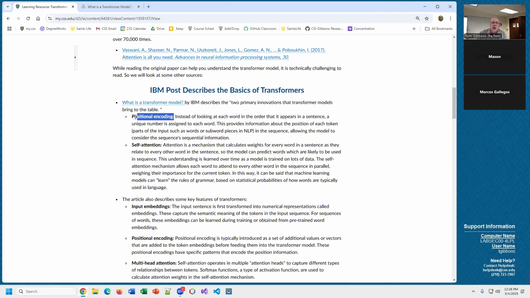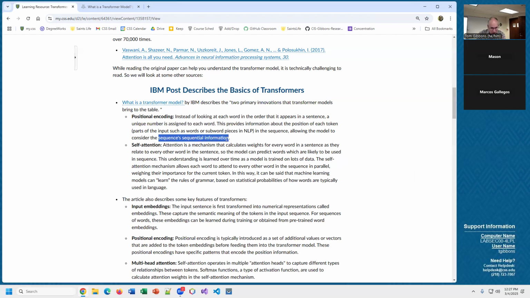One is positional encoding. Instead of looking at each word in order as it appears in a sentence, a unique number was assigned to each word, and its position was encoded in its tokens. So the sequence of the words is encoded in this positional encoding.